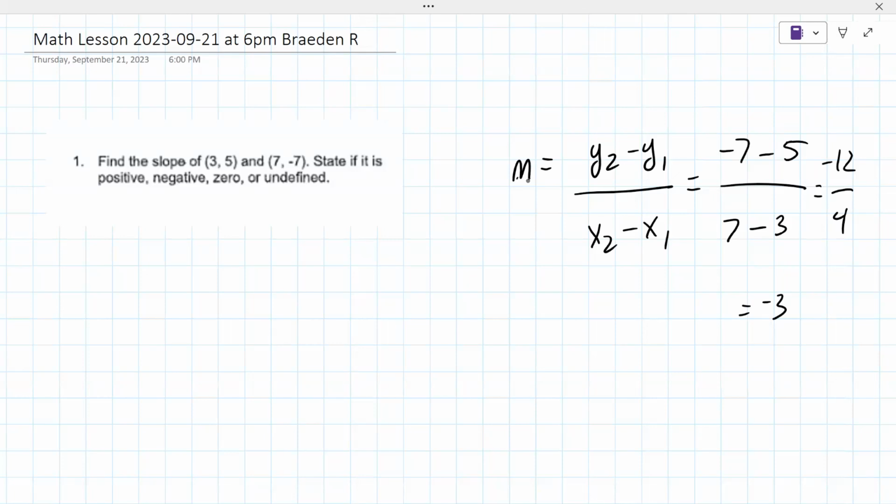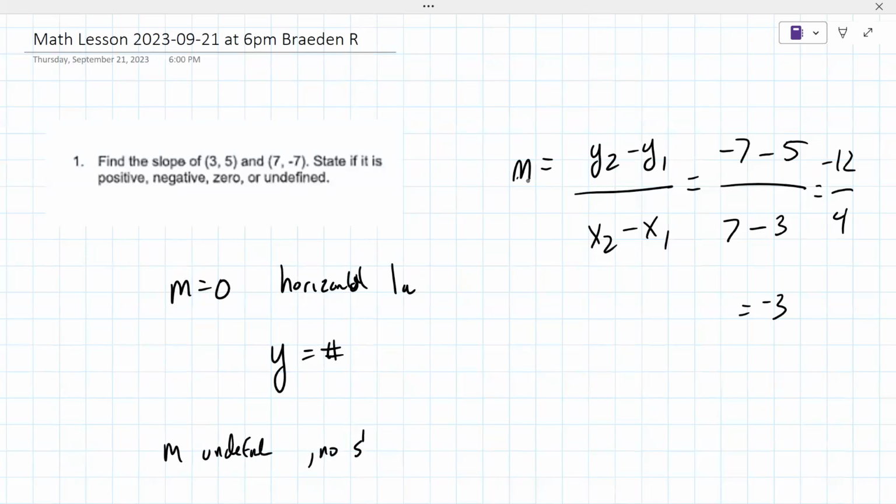Like you said, if it's got a slope of 0, that's a horizontal line, and it's always y equals a number. Slope undefined, sometimes called no slope, is x equals a number. And that answers the next two questions.